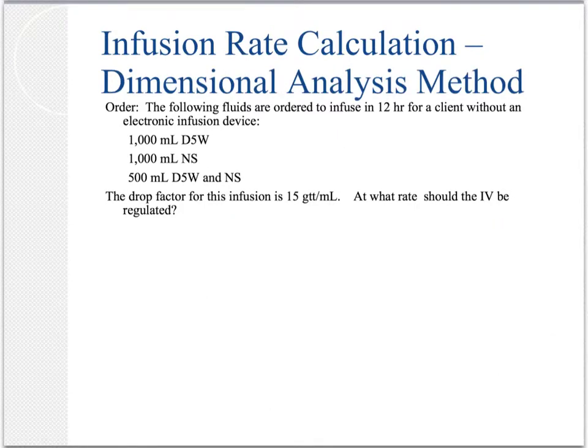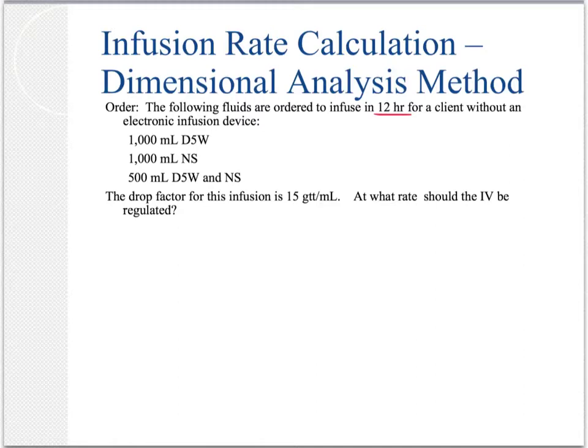Now let's look at solving this same problem using dimensional analysis. Recall that in dimensional analysis, it is important to consider the units of measure to solve a given problem. As we did on the previous slide, let's underline the important information. We have a total time of 12 hours.